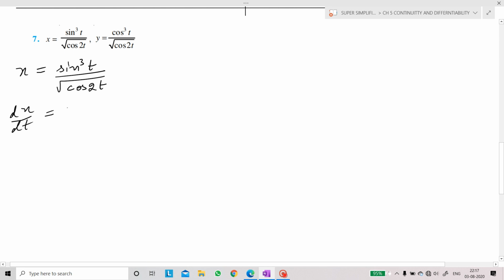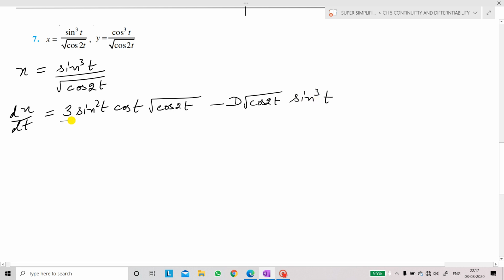So derivative of numerator, that is the derivative of sine cube t, that is 3 sine square t into derivative of sine t, which is cos t. So this whole is the derivative of sine cube t multiplied by root of cos 2t, minus you have to write the derivative of root of cos 2t into sine cube t, and whole divided by square of root cos 2t.